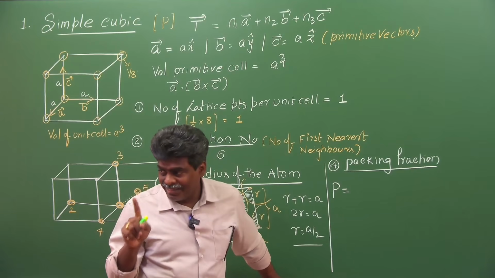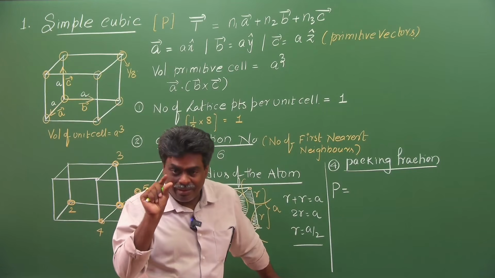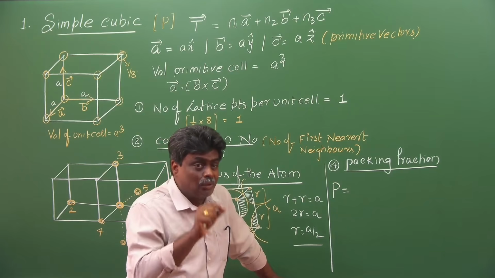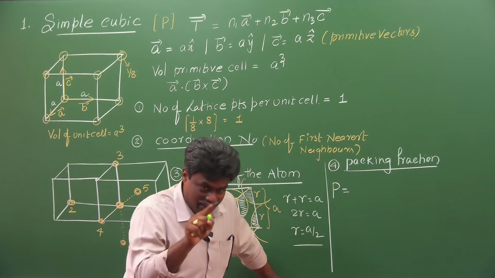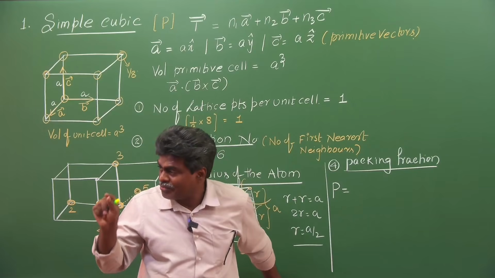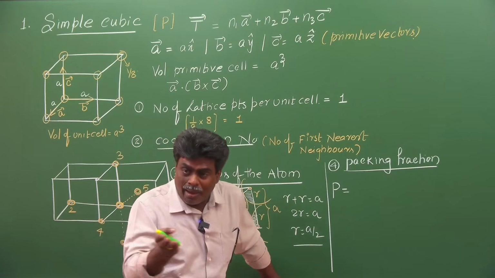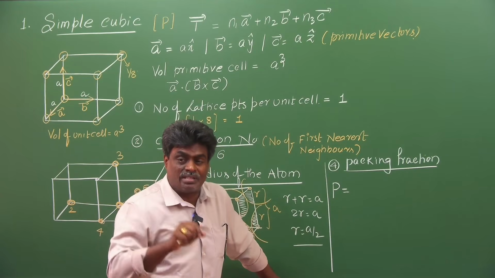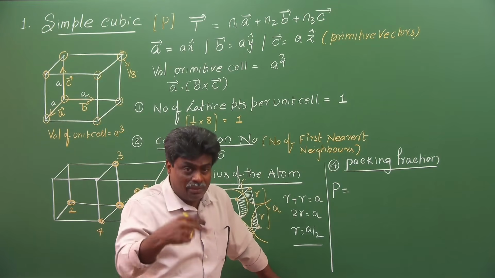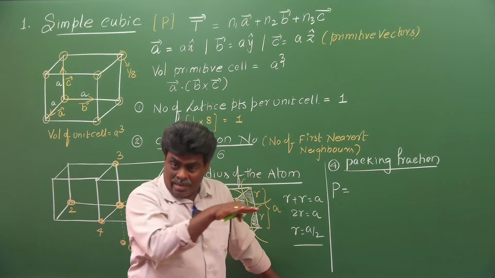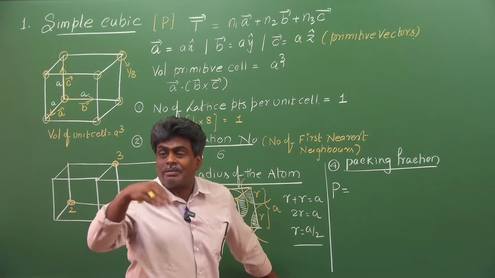Then you must have a factor n in the numerator. That's why some textbooks will write n into volume of atoms occupied by volume of unit cell, because volume of primitive cell equal to volume of unit cell by number of atoms per unit cell.